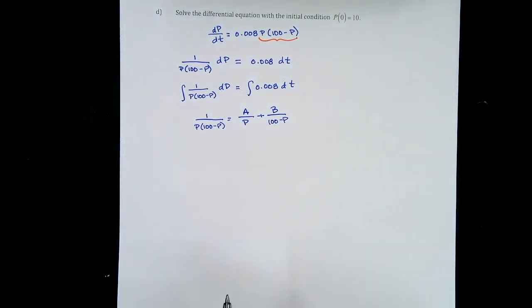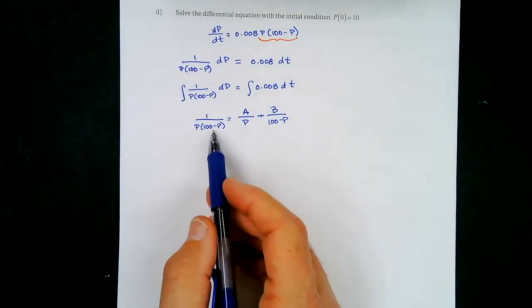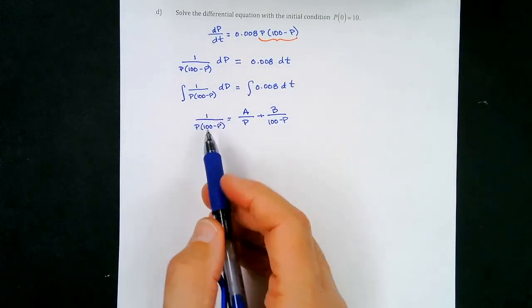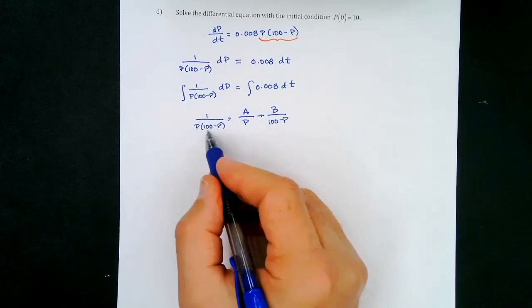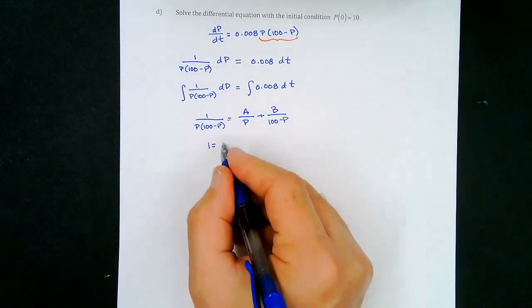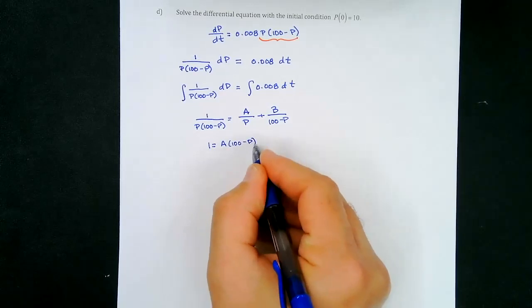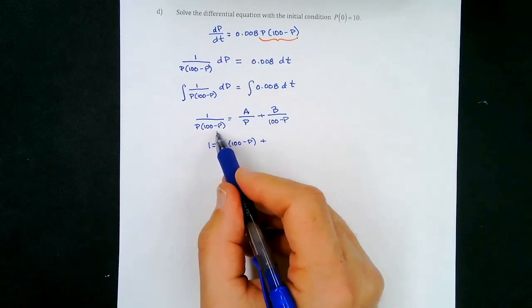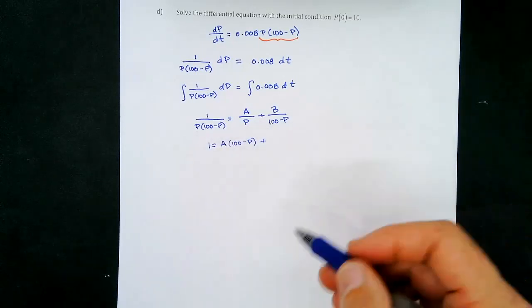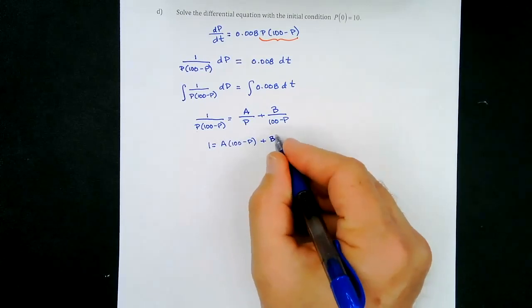So the next thing we're going to do is clear out our fractions. So we're going to multiply by P and 100 minus P. So that's going to give us 1 is equal to, when I multiply this by this denominator, the P's are going to cancel. So I'd be left with A times 100 minus P, plus, and then when I multiply this fraction by the P times 100 minus P, the 100 minus P will cancel and I'm left with B times P.